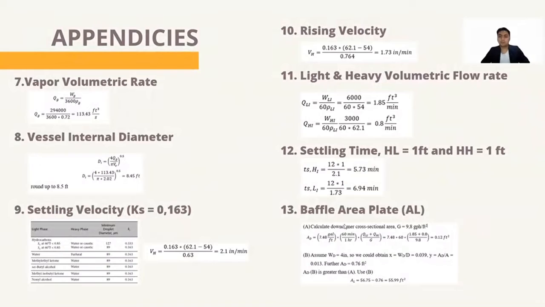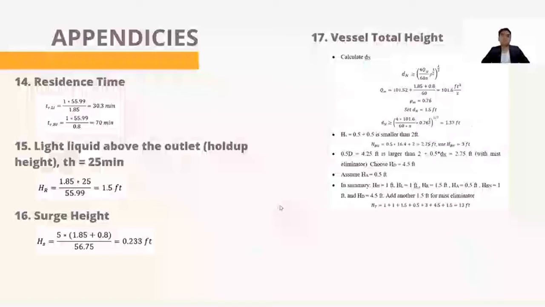Before that, we calculate the AD, and we use equation B for AD because the value is greater than the value of A. We get AL is 55.99 square feet. And then we calculate the residence time. We get 30.3 minutes for the light liquid, and 70 minutes for the heavy.